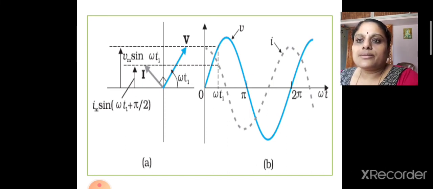In the graphical representation, figure B, the applied voltage is shown by the blue curve and the current I is shown by the gray dotted lines. Since the current is leading the applied voltage by pi by 2, it will have its positive maximum when the voltage starts increasing from 0.